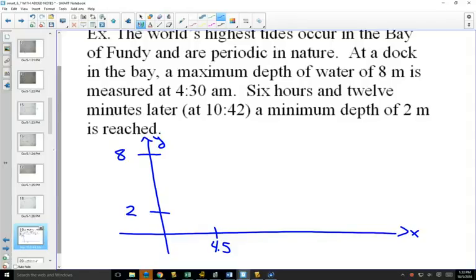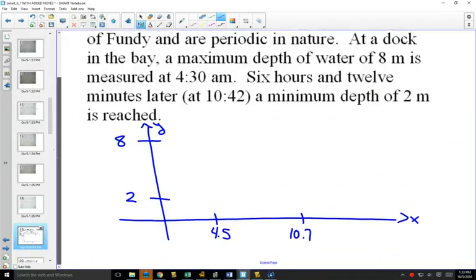And 6 hours and 12 minutes later at 10:42. What should I write 10:42 as? 10.7. How did you figure out the 0.7? 42 divided by 60. 42 minutes out of 60 minutes is 70%, or 0.7.